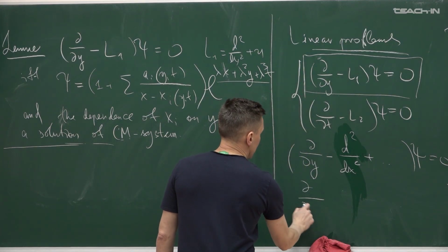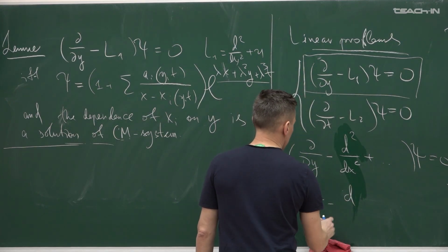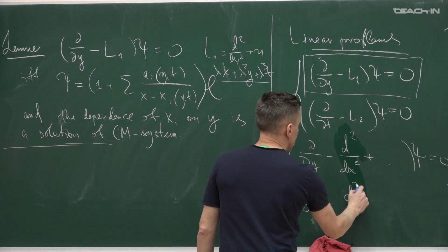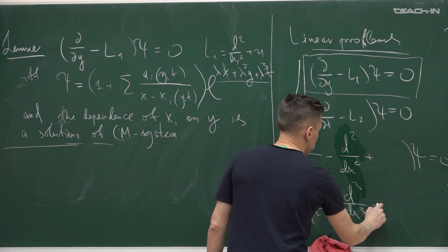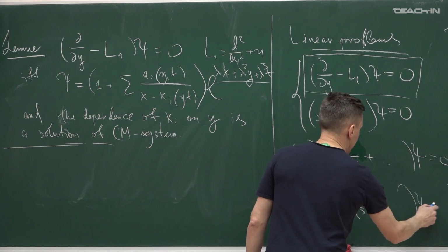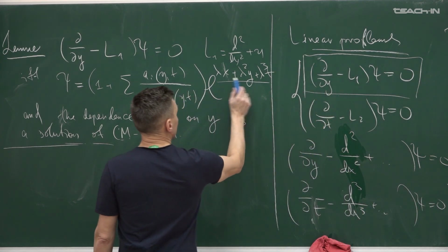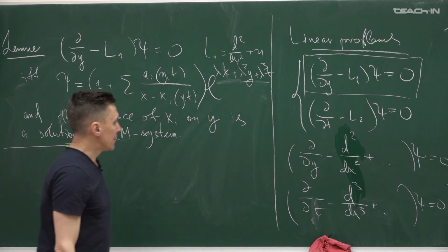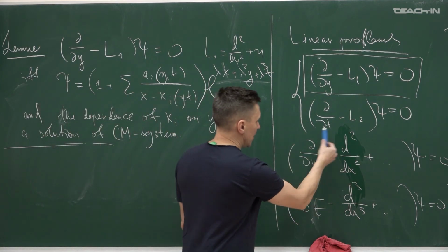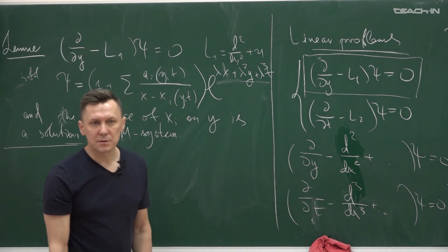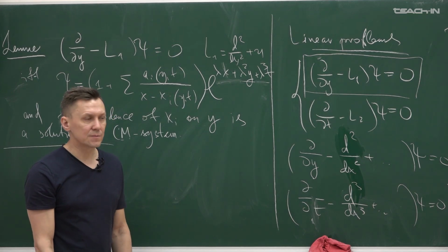Here we have dy minus dt d third dx third plus something. So the asymptotic properties at the infinity are prescribed by the principal part of these differential equations.